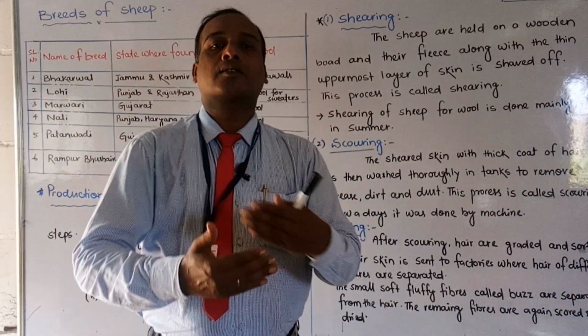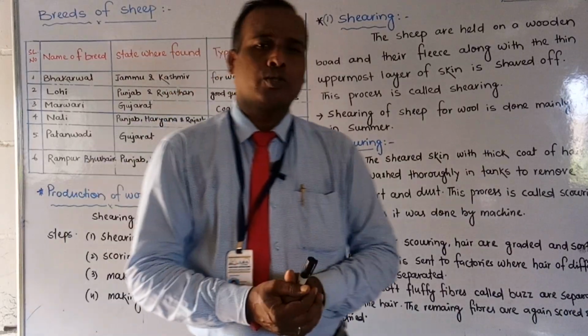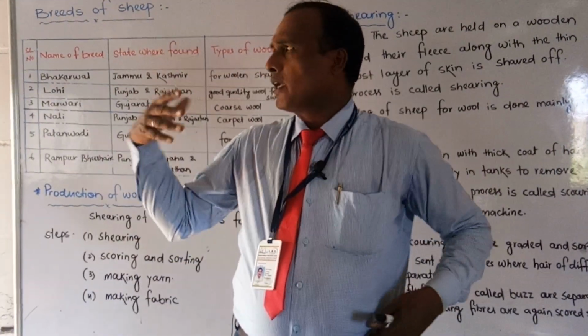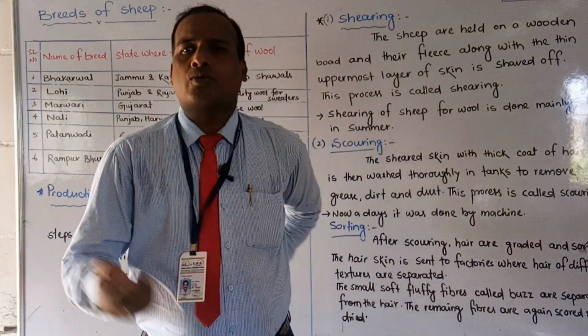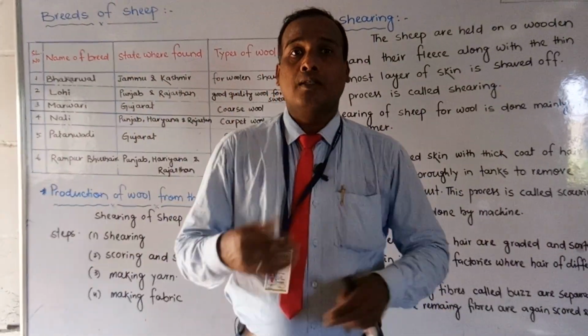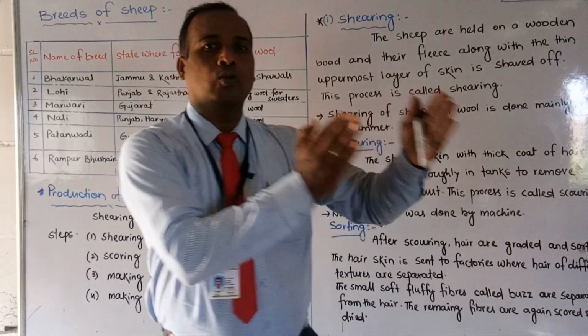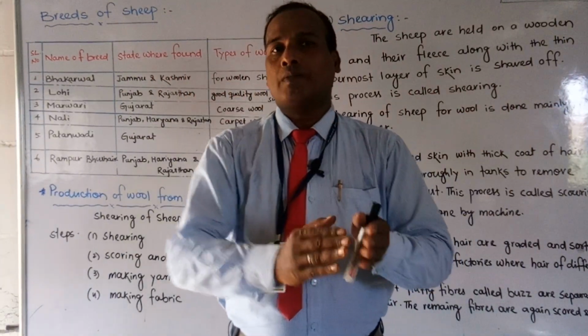We have to do gradation. You know, students, with any agricultural crops, suppose groundnuts or peanuts, there are different qualities: good quality, medium, and low quality.